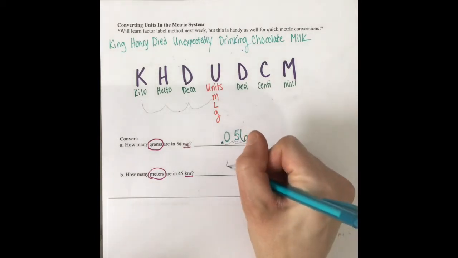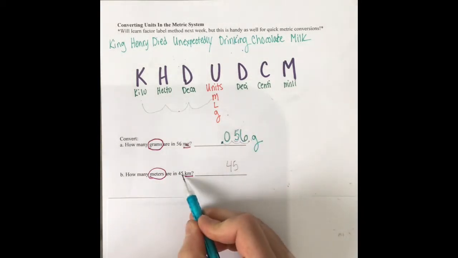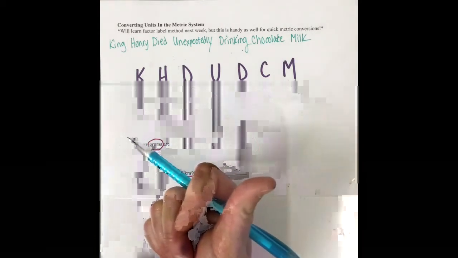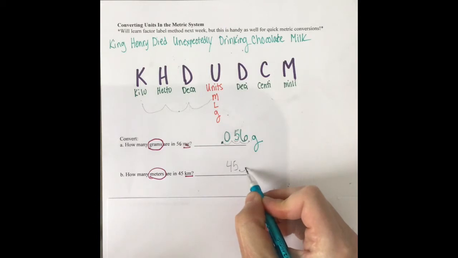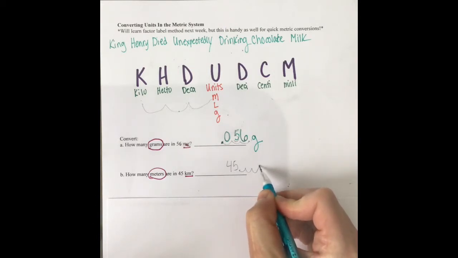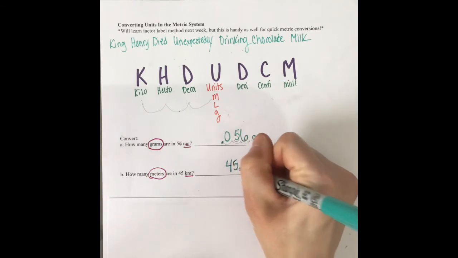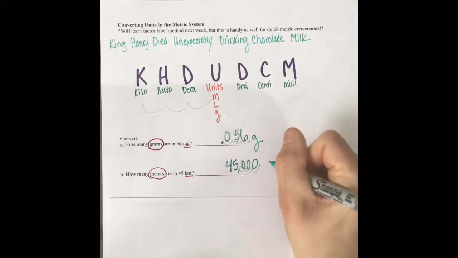So let's do that with our number. I have 45, my decimal's here at the end, and I need to move it 3 jumps to the right. 1, 2, 3. So I should get 45,000 meters.